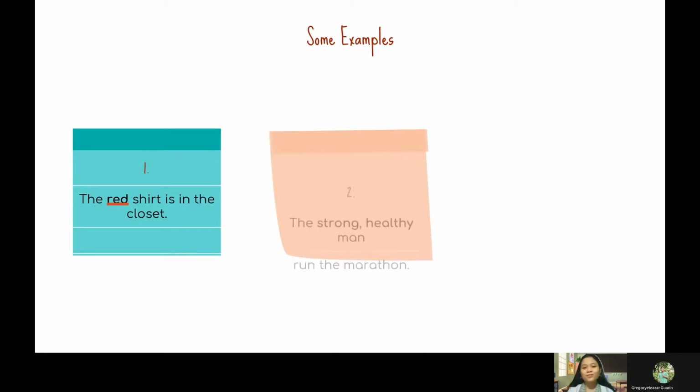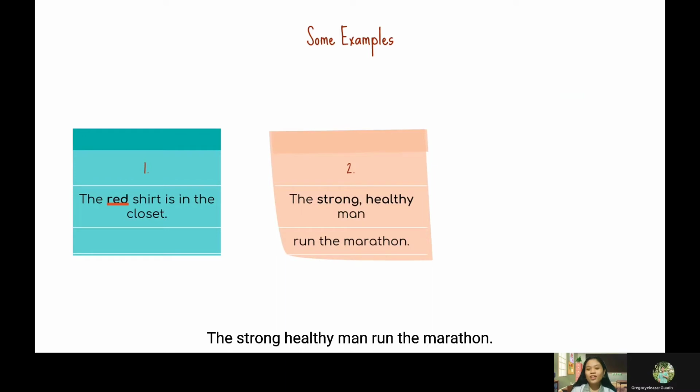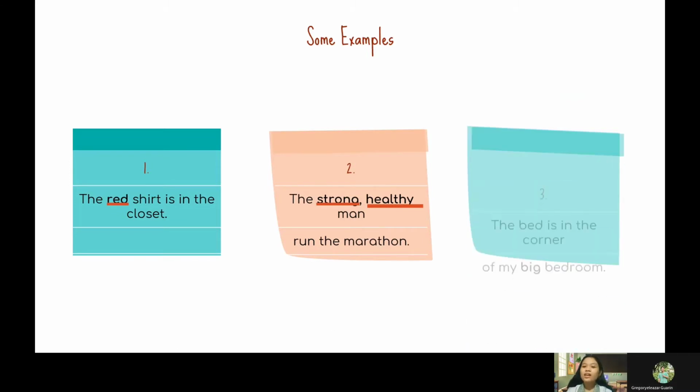Number 2. The strong, healthy man ran the marathon. There are two bulleted words, strong and healthy, which are adjectives that describe the man who ran the marathon. Strong, healthy man.